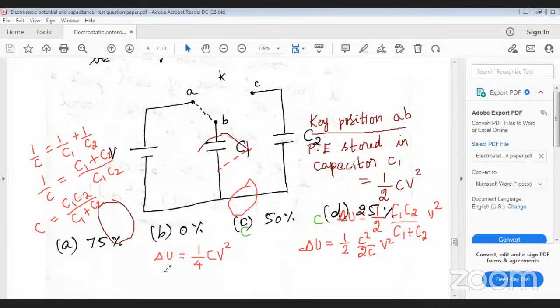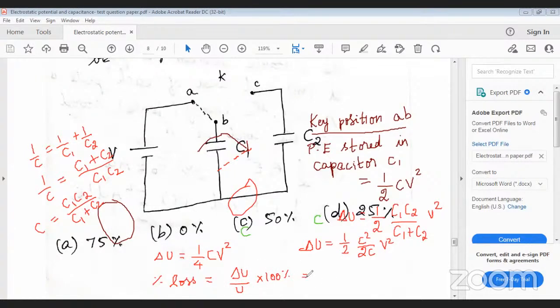In the question, they have asked you to find out the percentage loss in energy. So the percentage loss you can find out by delta U divided by original energy into 100%.